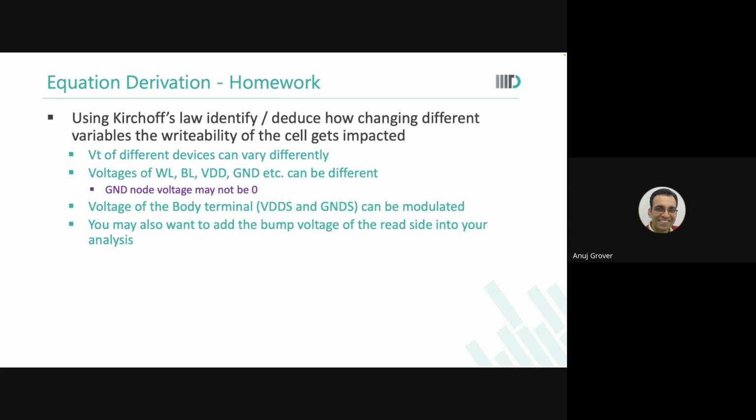Okay. Then do one more thing. Instead of this 0 over here, put this Vx. Because in reality, when the write is happening, the other side is reading. So in reality, there is going to be Vx over here.